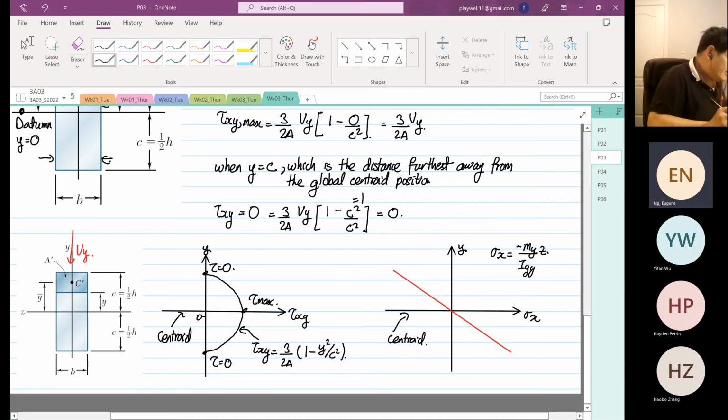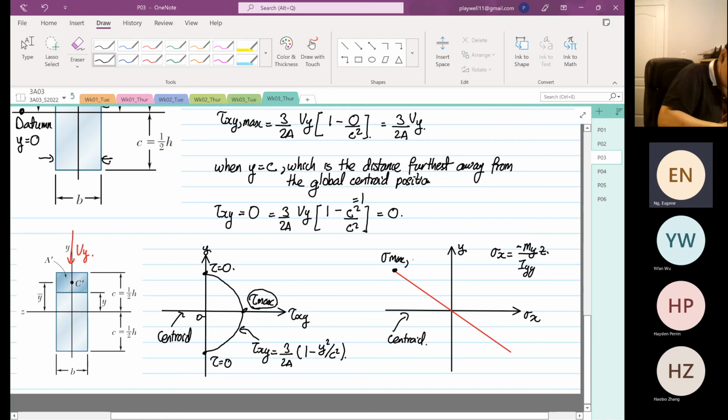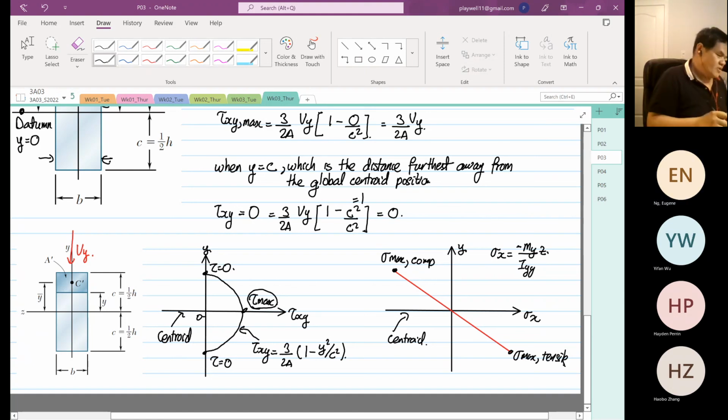So the big thing that I want you all to see is, for shearing stress, the maximum is at the what? Centroid. For bending moment, our maximum stress, so in terms of compression, is furthest away from the what? Centroid. Okay.